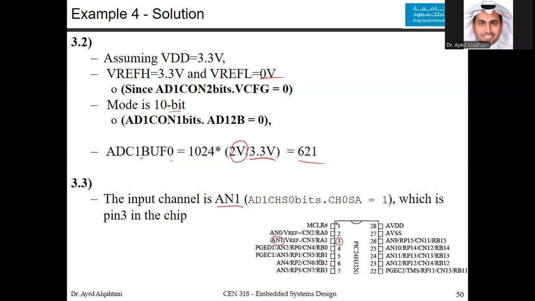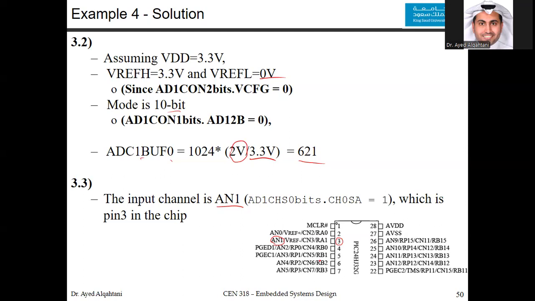Now, at this point, we finished discussing the analog to digital converter. And also, we reached the last point that we want to discuss in the whole course. I hope you understand the idea of microcontrollers. Basically, what we said, it's a CPU with its own memory for both the data and the code, and also surrounding modules.